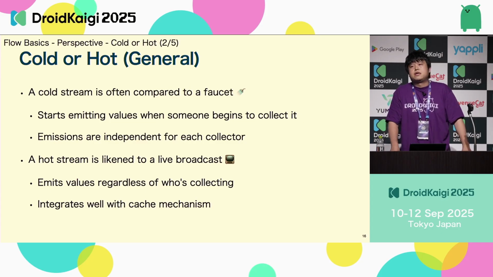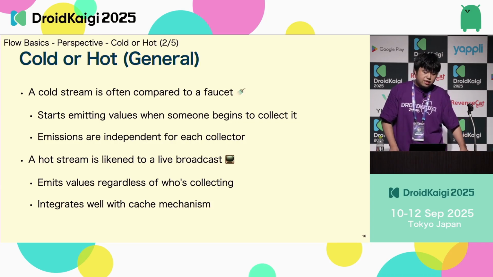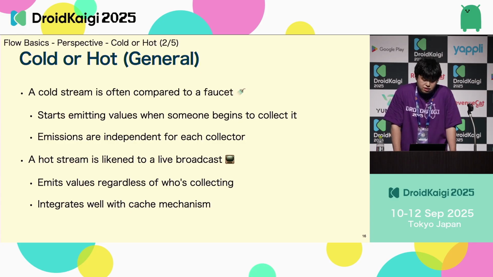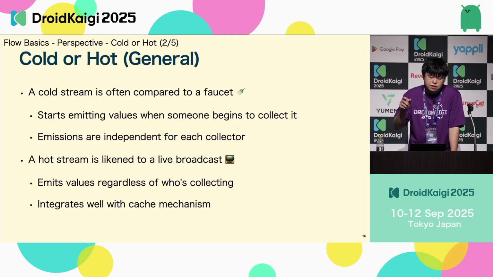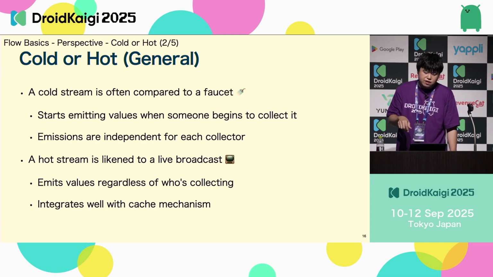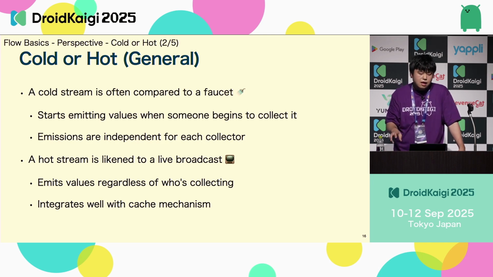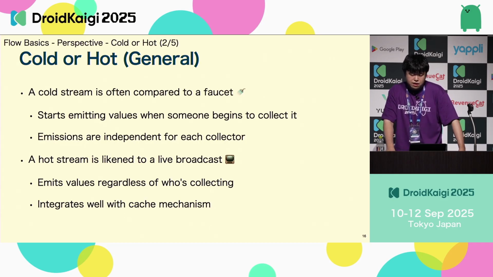The next perspective is cold stream or hot stream. I'm going to give a general explanation of data streams, not limited to Kotlin Flow, in this slide. A cold stream is like a faucet. The flow of water only starts when you turn the tap on. In the same way, when you call the collect function, the code in the flow executes and starts emitting values.